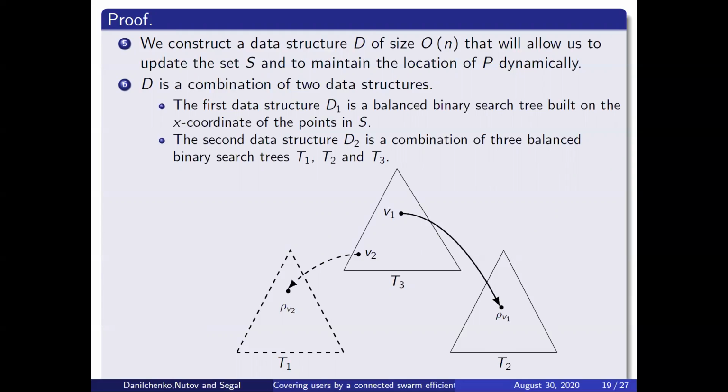The key is an index pi AB of non-empty cells in the grid, and the value is the center of the square if the cell is covered by a square from set P, or none if the cell is not covered by a square from set P. Additionally, each node in T3 has a pointer to a node in T1 or T2, accordingly, depending on whether the cell is covered or not. We note that there is no need to store any information for empty cells. The data structure D uses O(n) storage and it can be constructed in O(n log n) time.